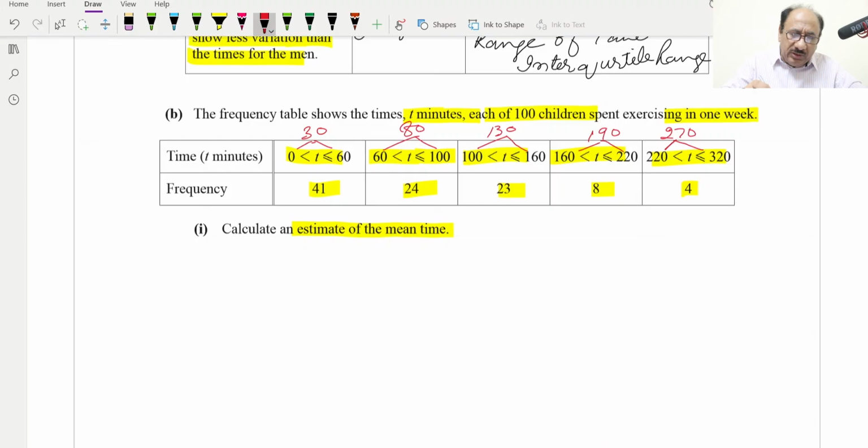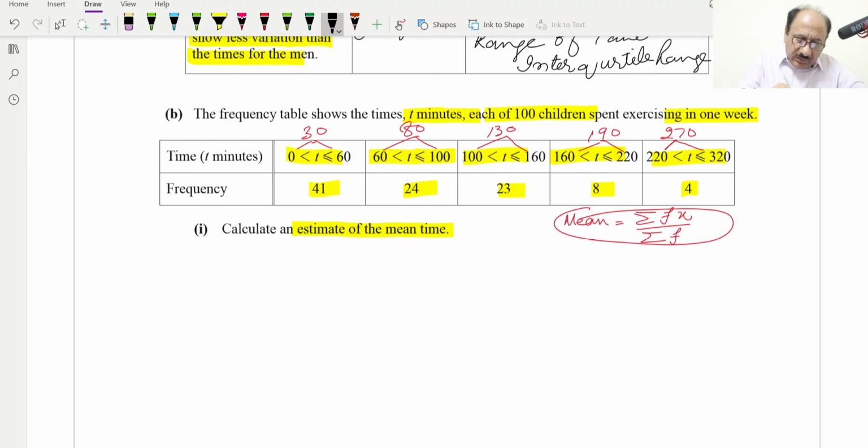After calculating these mid values, we know the formula. Mean is equal to sigma fx over sigma f. This is the formula we will be using, and we will write it over here.